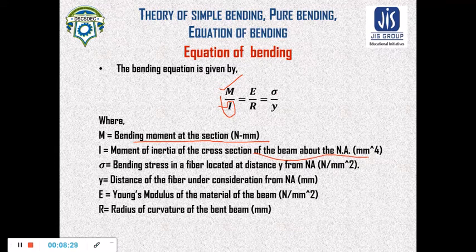So distance y is the distance of the fiber under consideration from the neutral axis, E is the Young's modulus, and R is the radius of curvature. From this equation, E is the Young's modulus, R is the radius of curvature, sigma is the bending stress, and Y is our desired location where we want the bending stress.